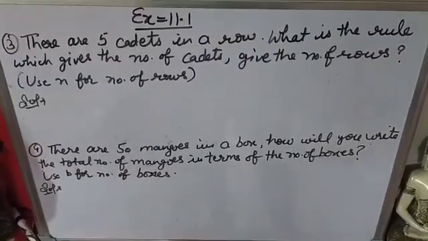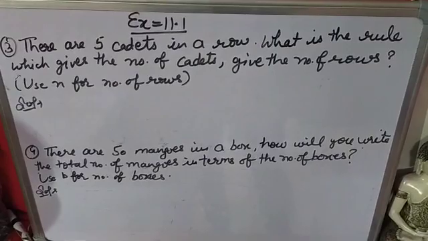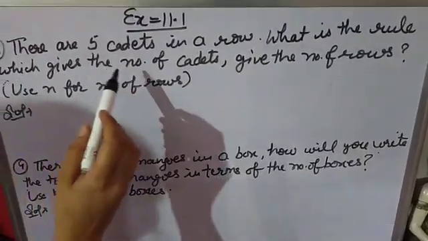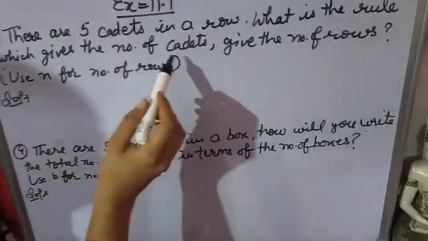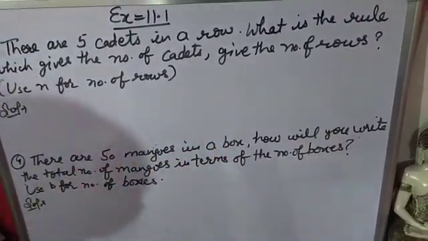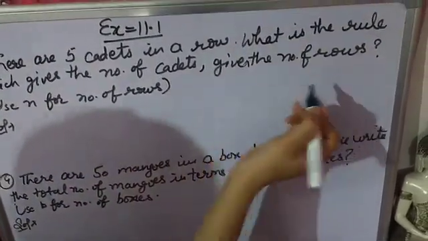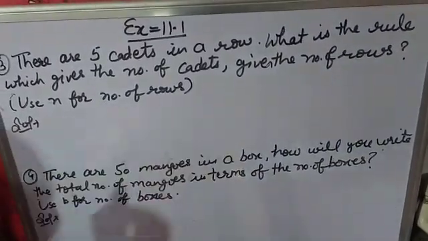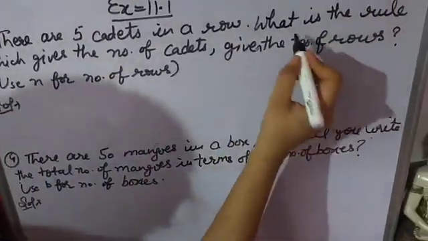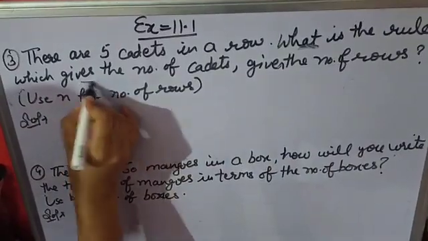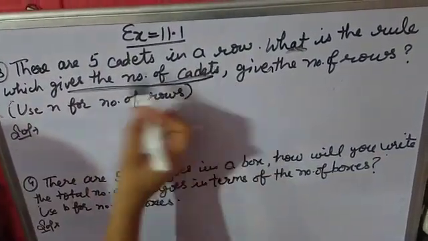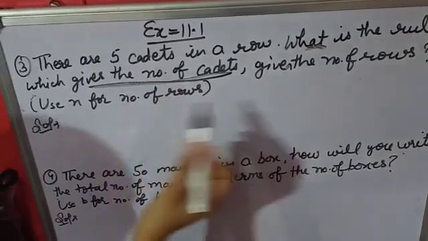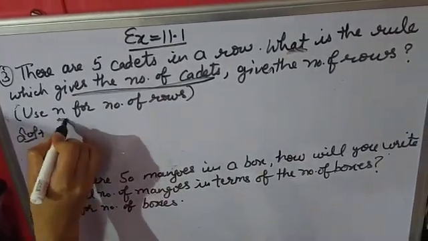We will start exercise 11.1 with the third question. The question is, there are 5 cadets in a row. What is the rule which gives the number of cadets, given the number of rows? Use n for the number of rows. He is saying in one row there are 5 cadets. Then you have to find how many cadets there will be in n rows.